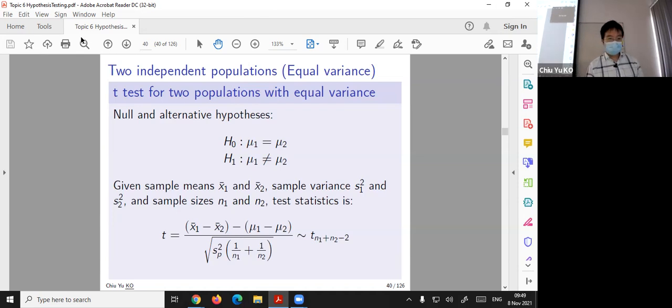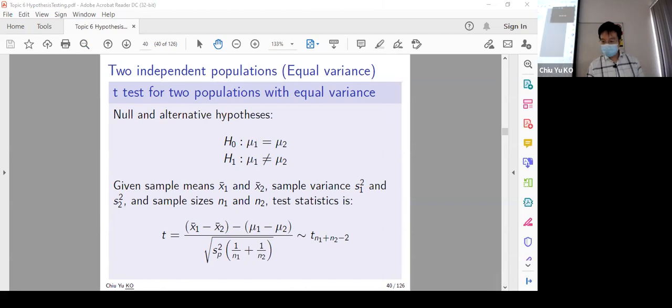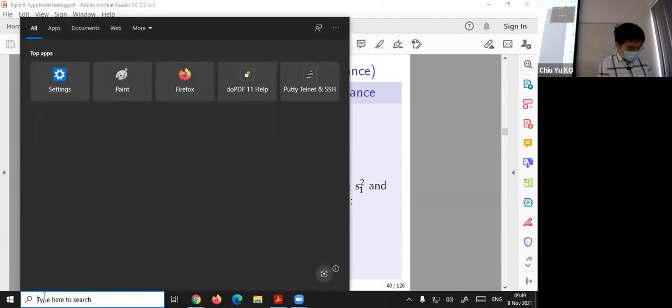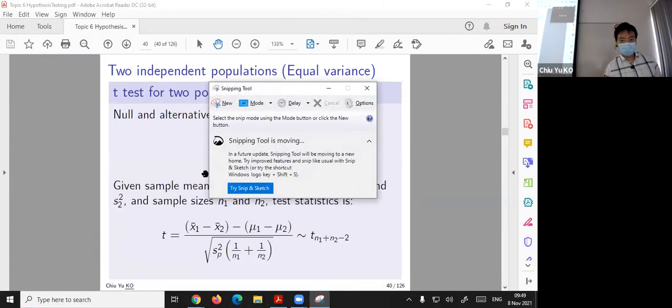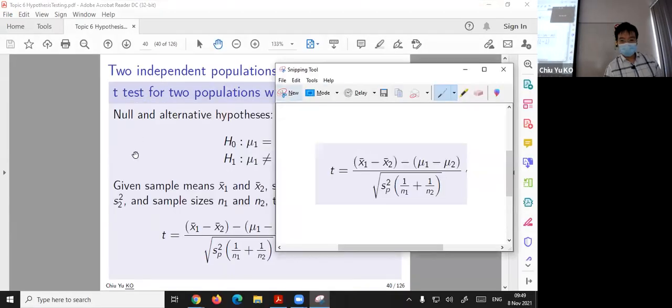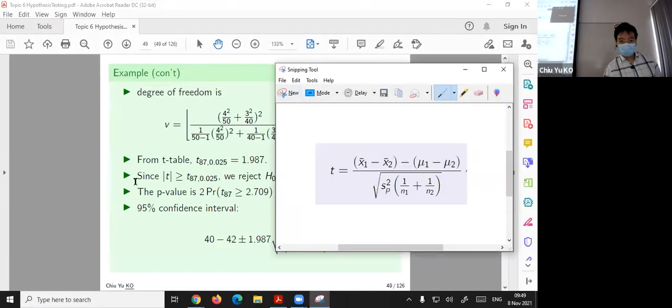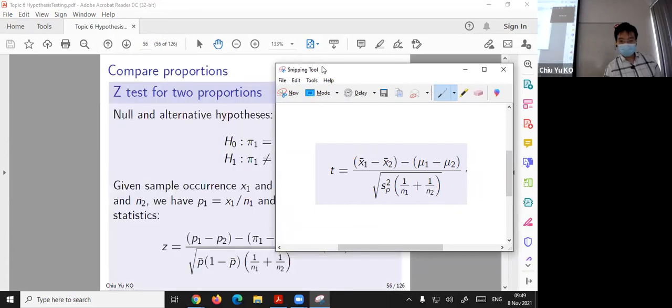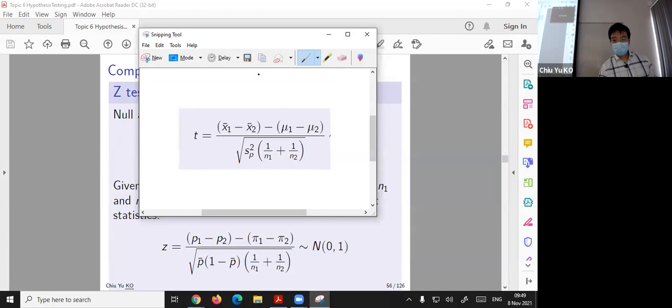So this is the formula here. Let's compare these two. This is a good one. Look at these two.